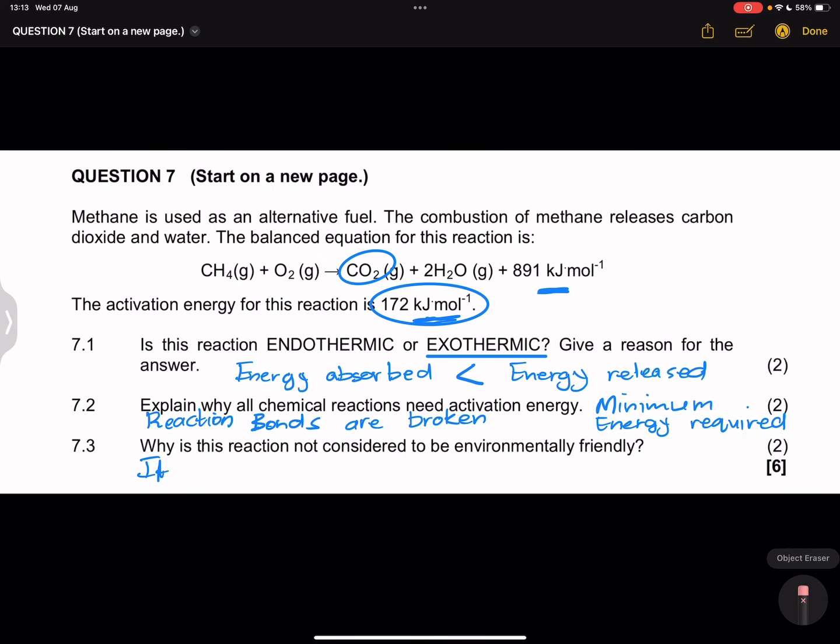It releases carbon dioxide, which is hazardous to the ozone layer. Remember that carbon dioxide is a greenhouse gas and it does deplete the ozone layer.